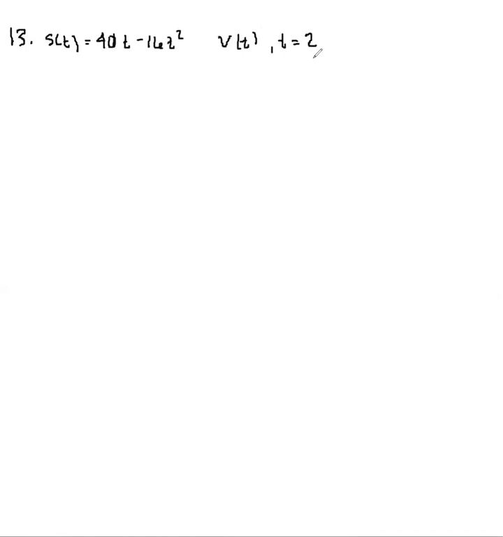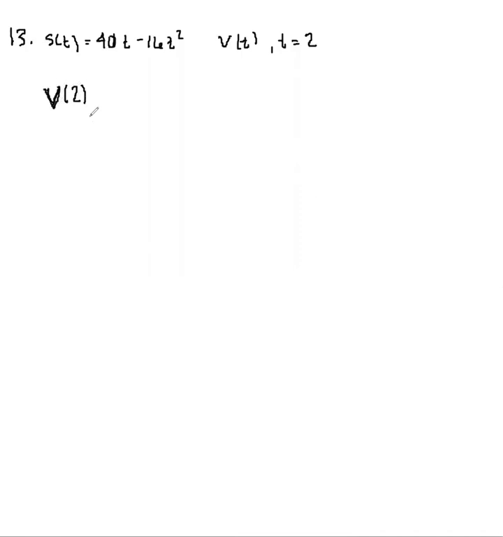What are we looking at here? What is velocity going to be? We're going to set this up in a way that we're looking directly for the velocity when t is equal to 2.